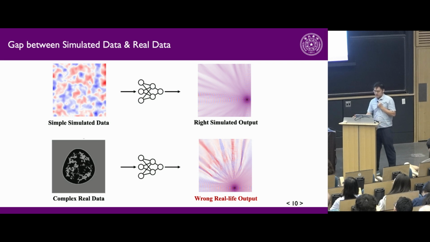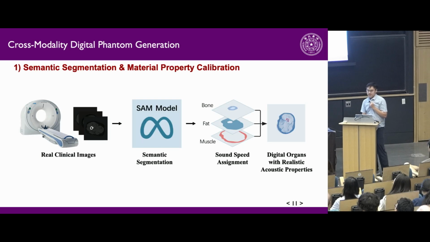To make deep learning work for medical imaging, we need massive realistic training data. But this is a chicken-and-egg problem: if you need data, you need efficient solvers, and if you want to build efficient solvers, you need enough data. To break this loop, we built a pipeline called cross-modality digital phantom generation. Since we don't have enough high-resolution ultrasound data, we start with existing X-ray CT or MRI data, because this gives us real anatomies.